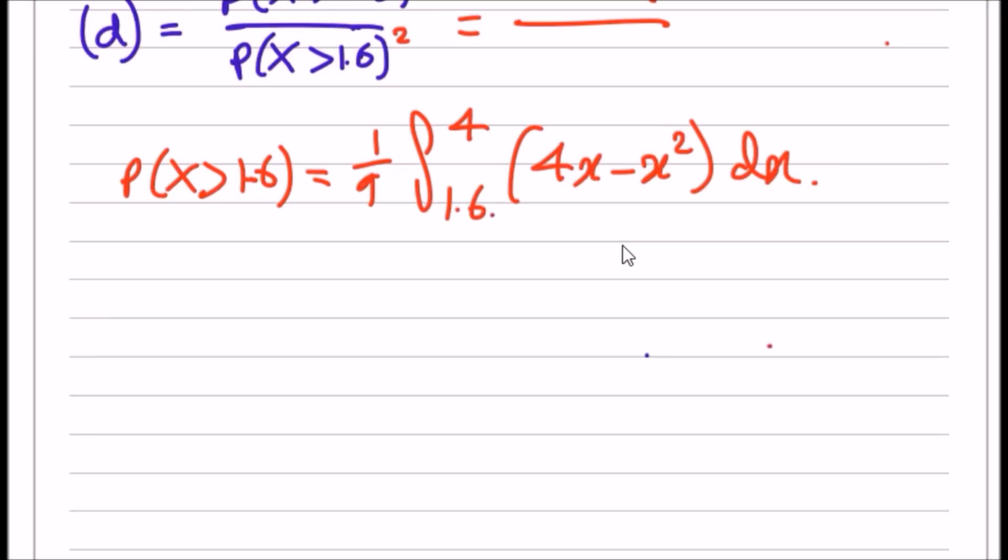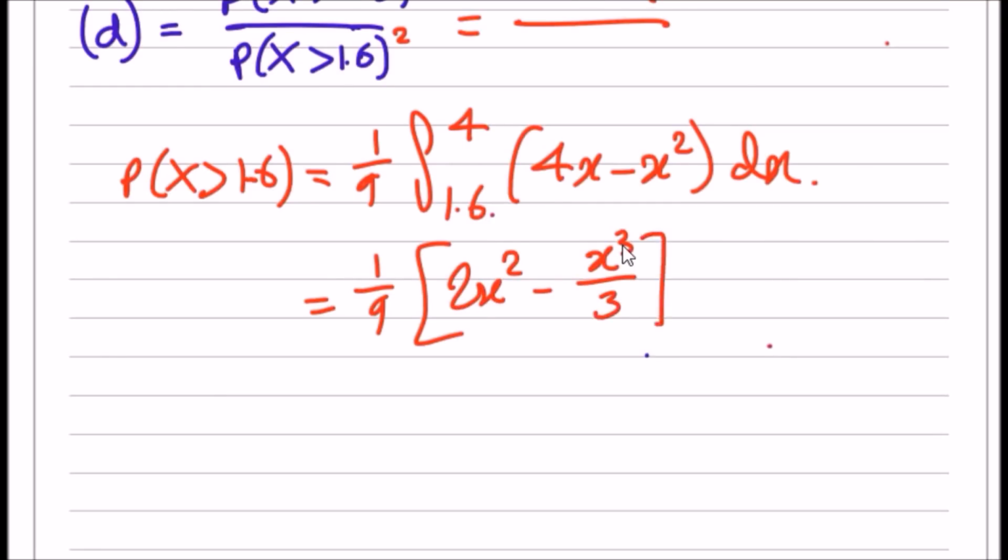Now, just to get into the standard format, 4x is 4x squared over 2 or 2x squared, and then this is x cubed over 3, between 1.6 and 4. As per usual, plug in 4 over here and find the result, then plug in 1.6 over here and evaluate, find the difference and multiply by 1 over 9.